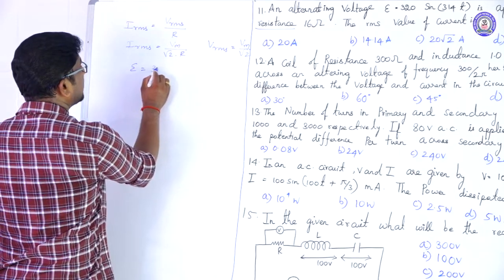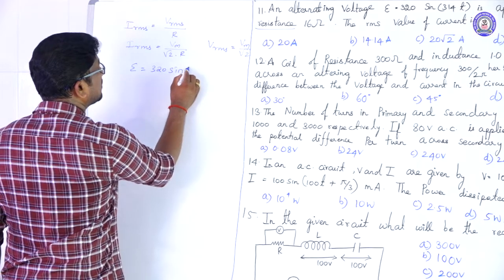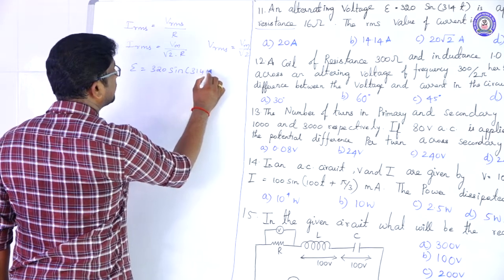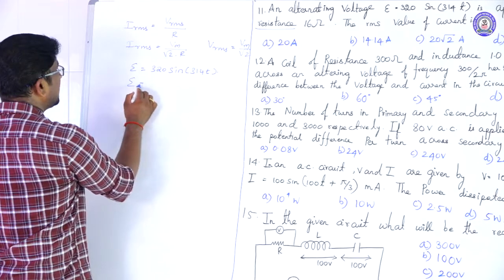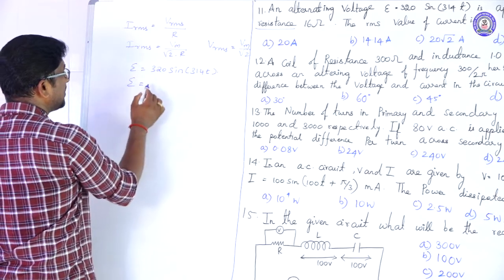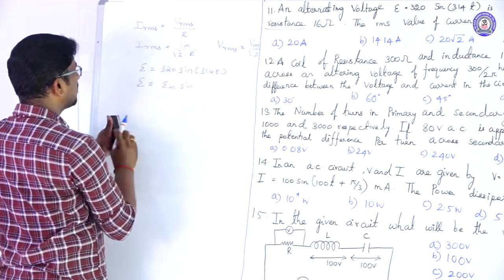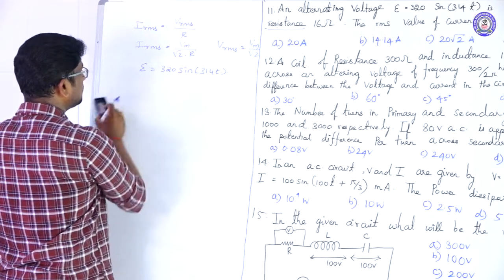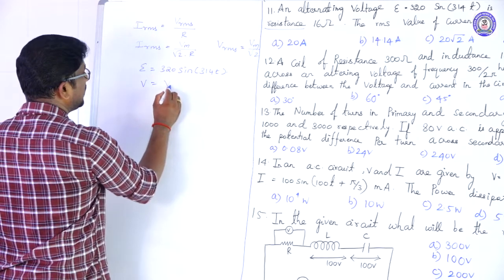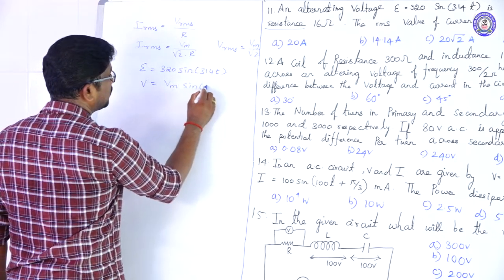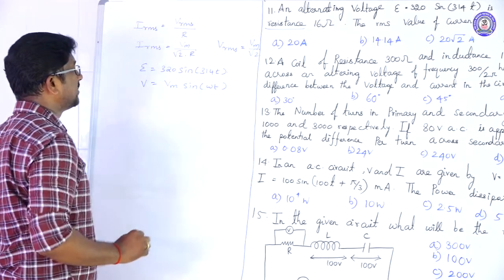E is equal to 320 sin 314t. The instantaneous voltage in the resistive circuit is given by E is equal to Em sin omega t, or V is equal to Vm sin of omega into t.